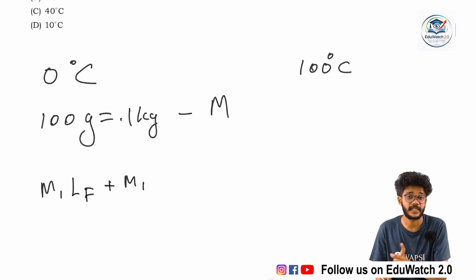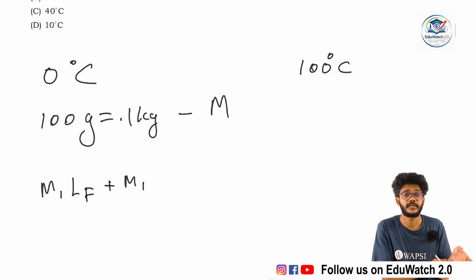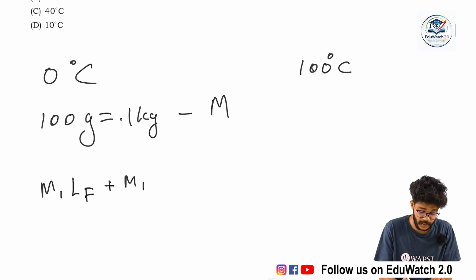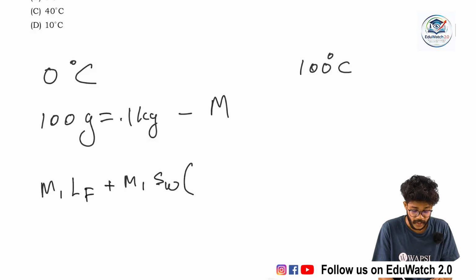As I already said, first the energy is taken to change the phase, and second the energy is taken to change the temperature, and the final temperature is T and the initial temperature is 0.